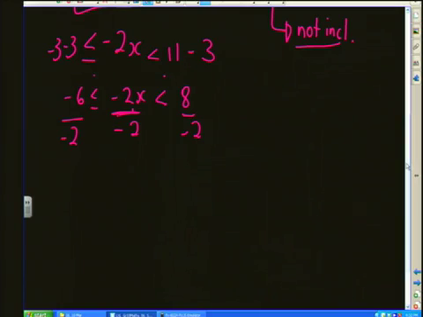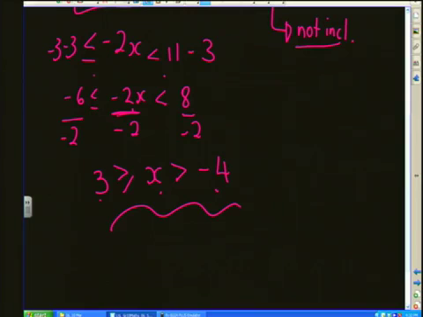Change your signs around. So I'm going to get 3 is greater than or equal to x is greater than -4. Okay, -6 divided by -2 gave me 3. 8 divided by -2 is -4. So I've got 3 is greater than or equal to x, which is then greater than -4.